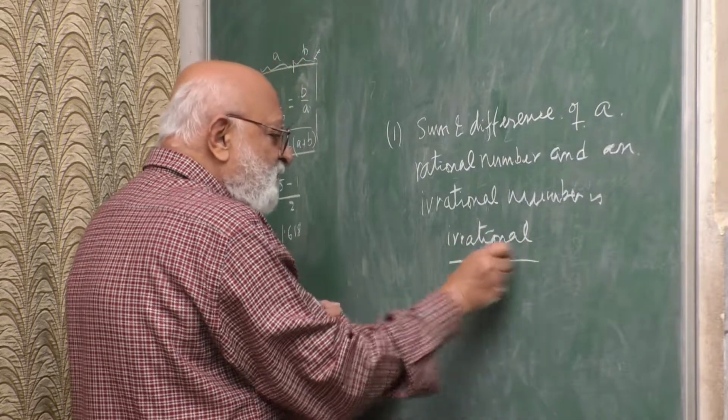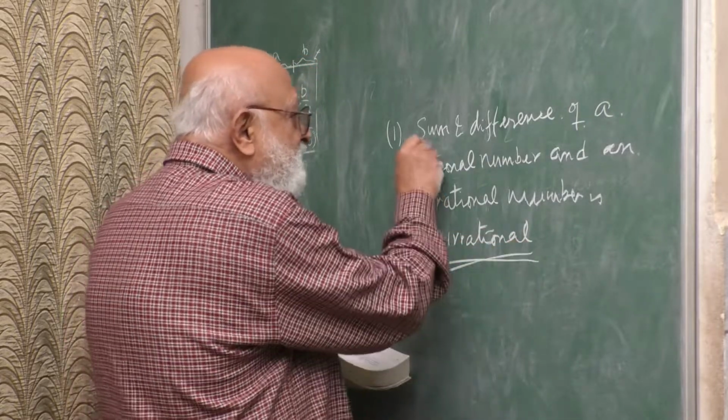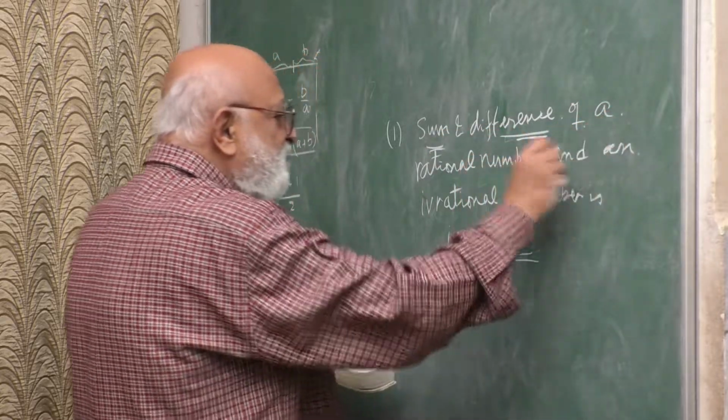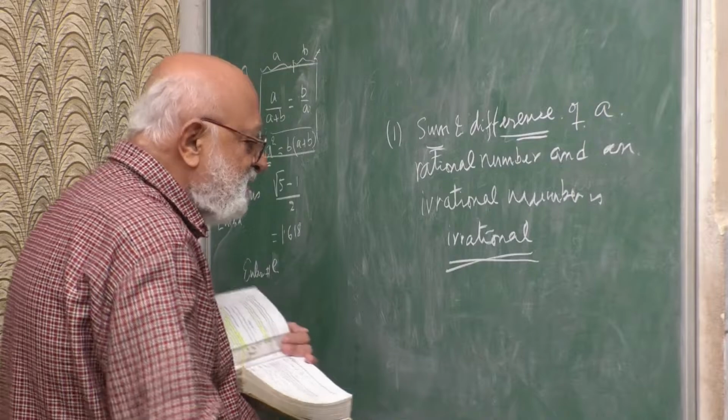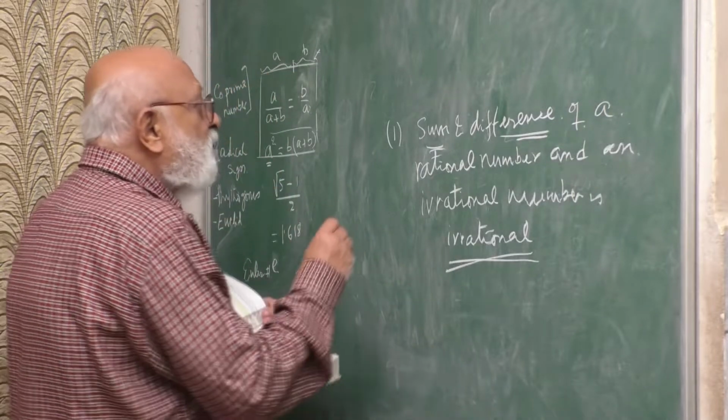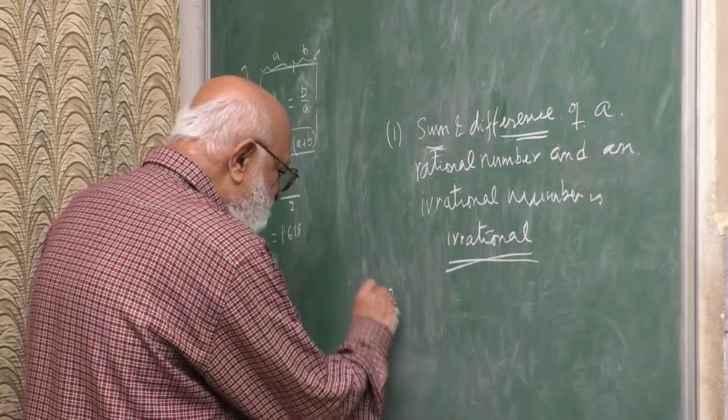This is okay, we have done exactly this. So the sum and difference of a rational number and an irrational number is irrational. This is number 1.